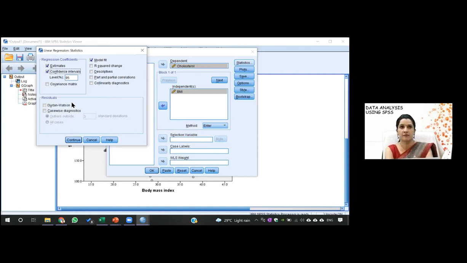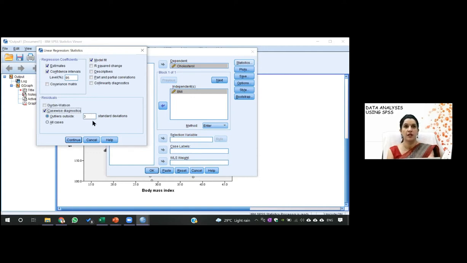The second is on the basis of residual, we click this case-wise diagnostic, which will say that if the residuals are more than or less than 3 standard deviation, it will give you the separate table for those residuals. I have kept a value of 3 here.